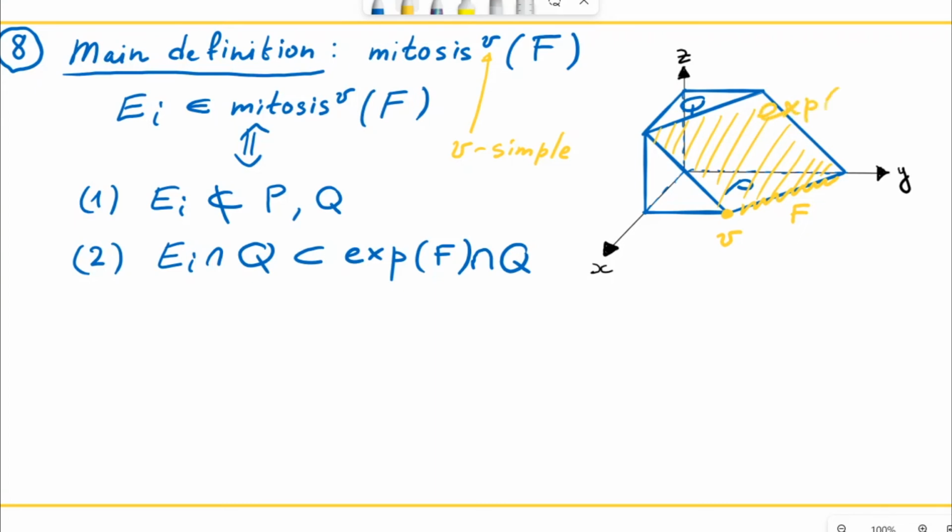So for instance, in this example, exp of F is this two-dimensional face, and its intersection with P is exactly F. And it is important to note that exp of F is always contained in the set mitosis V of F. So there is always at least one offspring, assuming that F is contained in P.